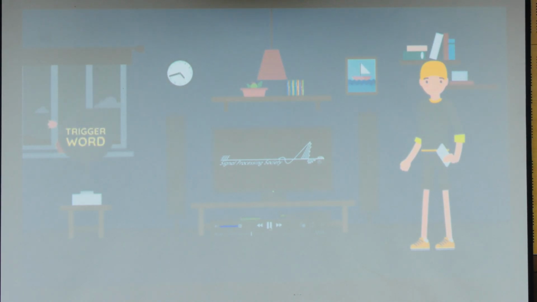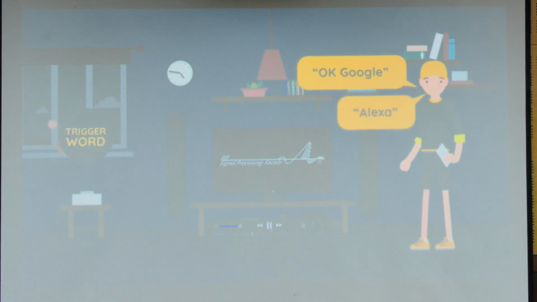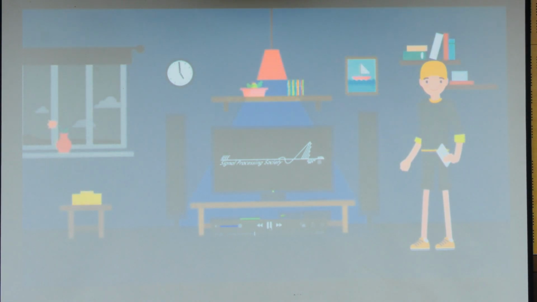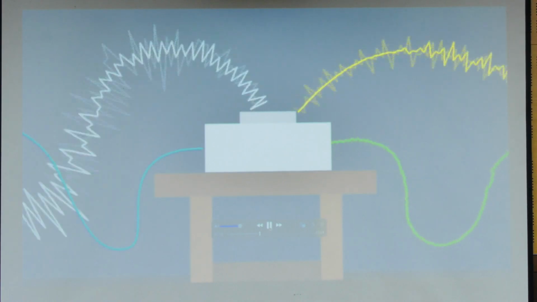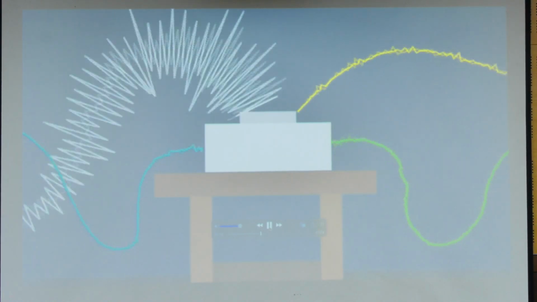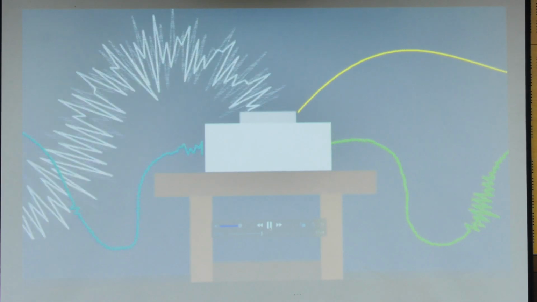Utilizing a trigger word like OK Google or Alexa activates the home assistant to recognize a command or question. Once the device is active, it sends all following speech and sound streams to data servers that process the request. The wide variety of conflicting noise results in extremely complex sound waves, making it more difficult for the home assistant to understand, process, and respond to commands embedded within.